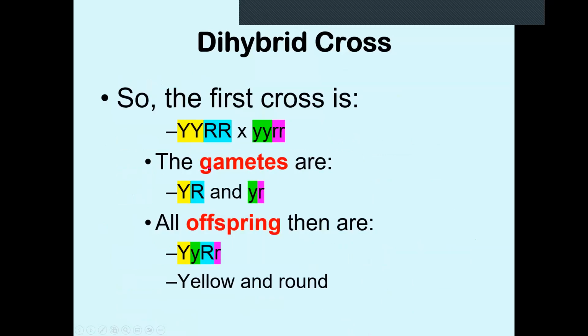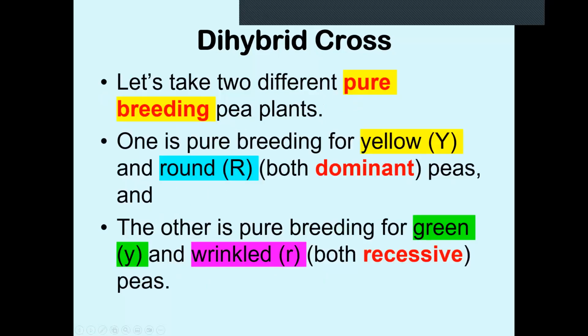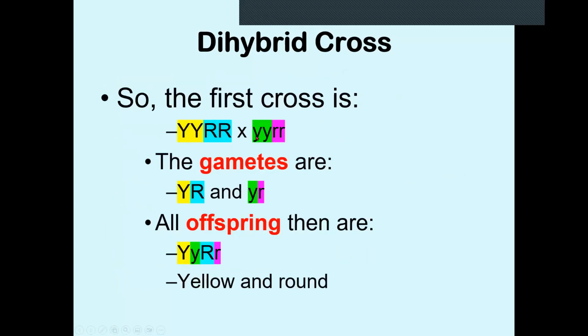So I did this in color. Yes, sorry, yellow and round, yellow and round, yellow and wrinkled. The gametes are big Y, big R, little y, little r, and the offspring are those 4 together. So it's yellow and round.